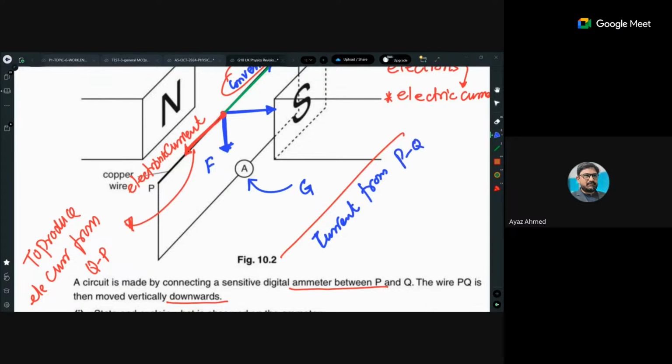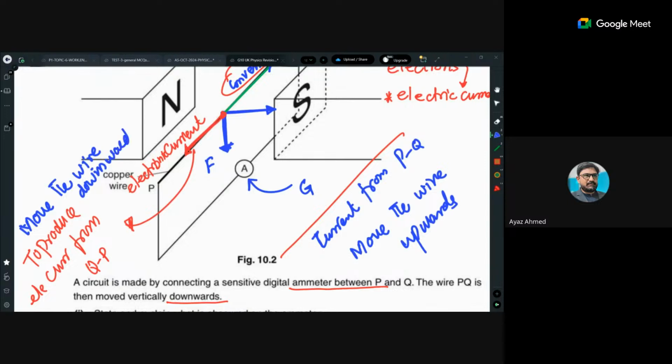If you are going to produce the current from P to Q, what you have to do is move the wire upward. Okay, and for this one, move the wire downward because your thumb is pointing upward now. So you have to move the wire downwards. Are you getting my point? You have to move the wire opposite in direction, right?